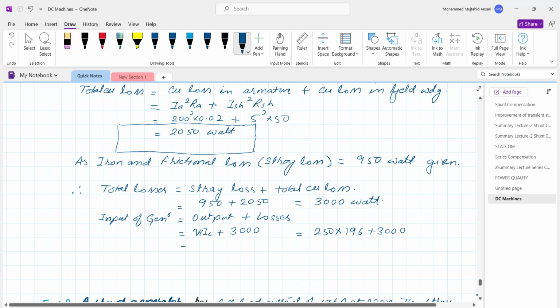So the total generator input is equal to 551,750 watt.